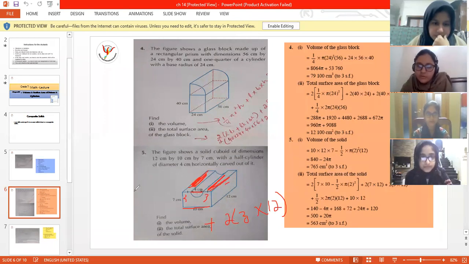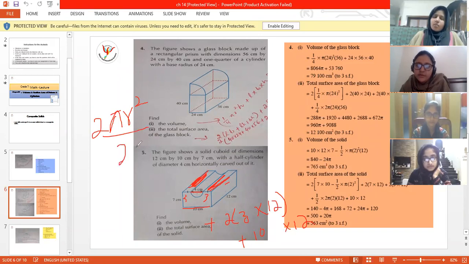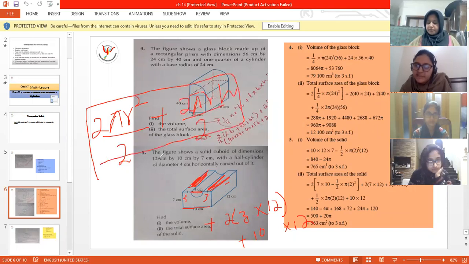Yes, ma'am. Now come towards the lower side, the base side. The base side will be 10 multiply 12. Right? Cleared? All the sides are mentioned. But now one thing is missing, which is the area of the semicircle: 2 pi r square over 2 plus 2 pi r h divided by 2. The total base area of the semicircle was 2 pi r square over 2.